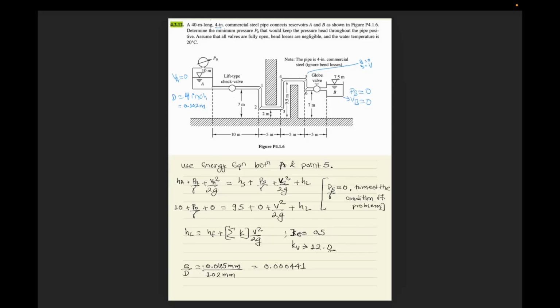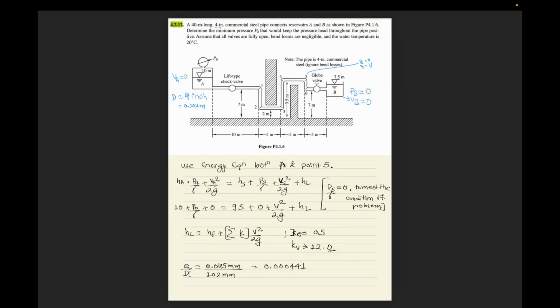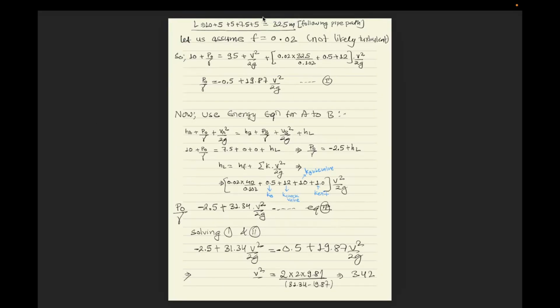And we can also compute the surface roughness e by D. For commercial steel pipe, e is equal to 0.045 mm, and diameter is 102 mm, which gives us 0.00441. Because we don't know the velocity, we can again assume a friction factor. Let us suppose now 0.02, likely turbulent.